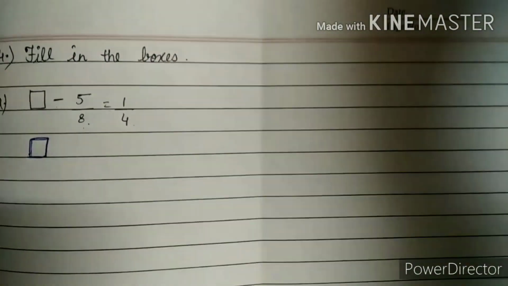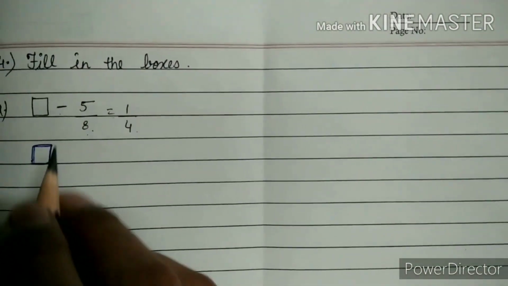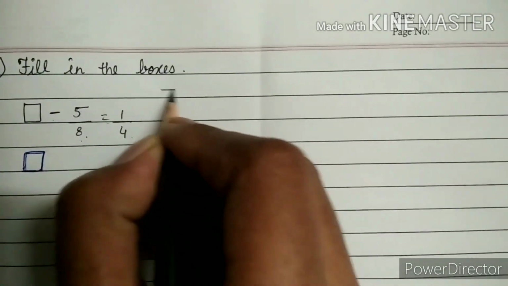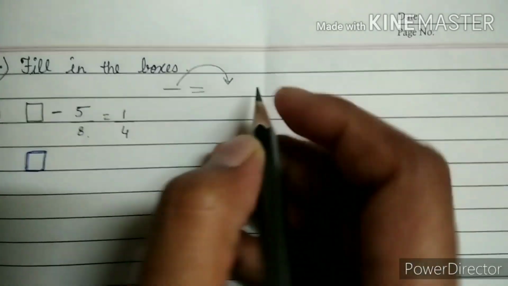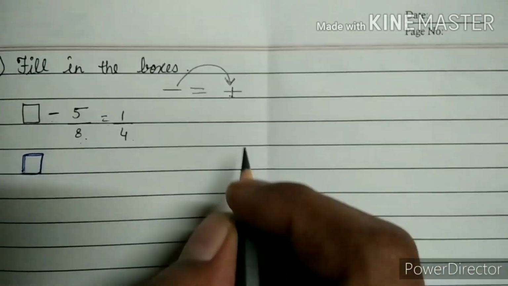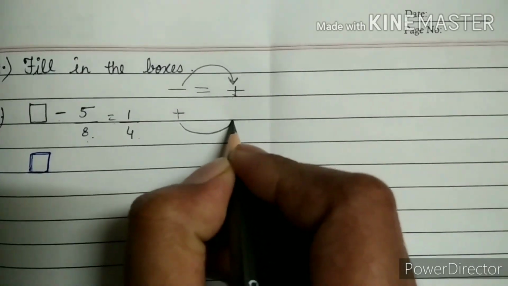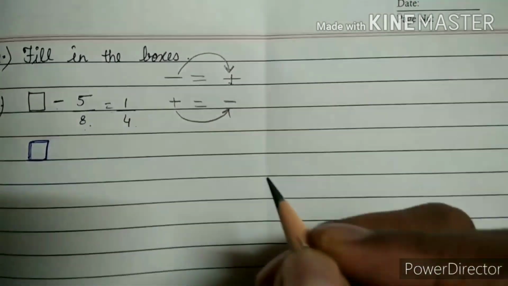Whenever we are shifting a number, it will change its symbol. It means when minus goes to the opposite side of equal, it will go as a positive, and when positive goes to the opposite side of equal, it will go as a minus.